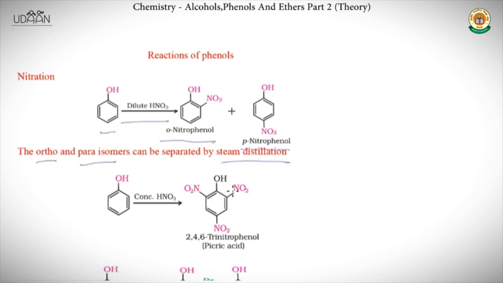The reason is that this one causes intramolecular hydrogen bonding, and this one intermolecular hydrogen bonding. Therefore, the boiling point of this compound is higher than the boiling point of its corresponding ortho-nitrophenol.